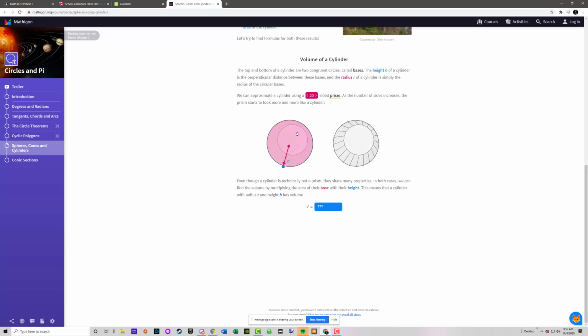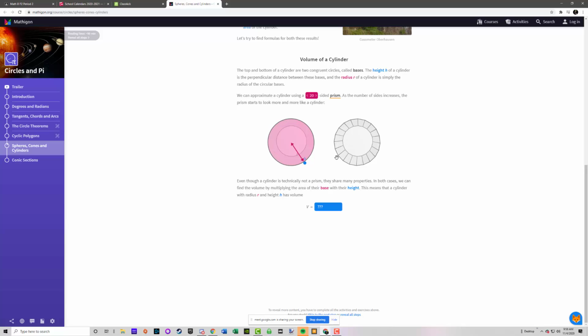We have almost transformed this prism into a cylinder. A cylinder has an infinite number of corners, and that gives it that perfectly rounded shape that you see.